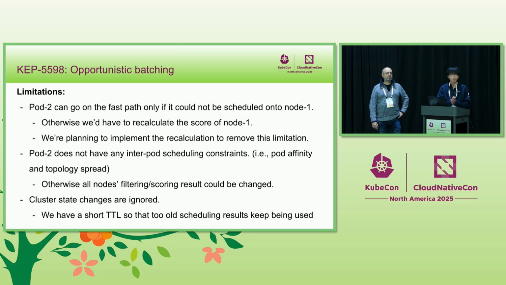We are probably going to do that pretty soon, hopefully, but right now we are not doing it, and we are limiting this feature to be enabled only when node 1 is not schedulable, like not possible to get pod 2. In other words, we assume that only one pod can land on one node, because otherwise we cannot reuse the results of the previous scheduling cycle, because the scoring may change.